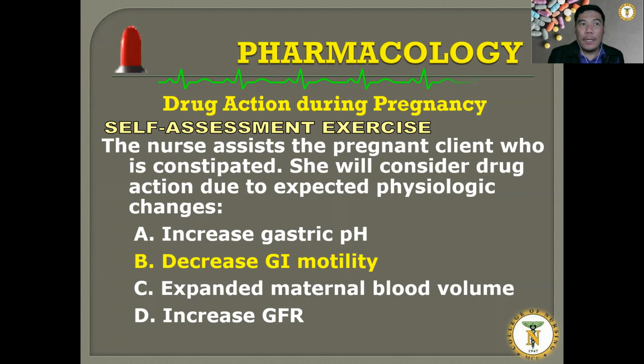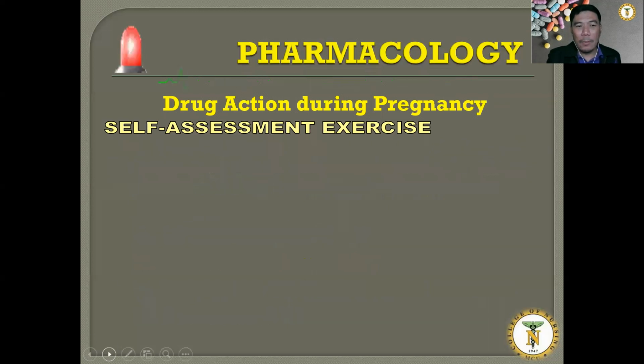That's why pregnant mothers are frequent in urination, because the space in the bladder is compressed by the increasing uterine size, which limits storage of urine and gives the urge for voiding. That is the increased glomerular filtration rate. So you're correct.